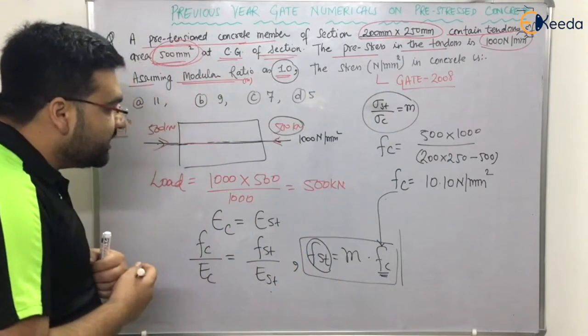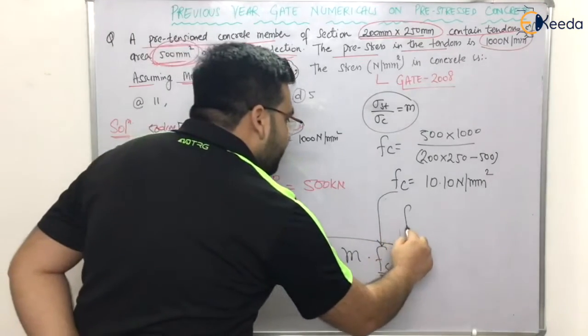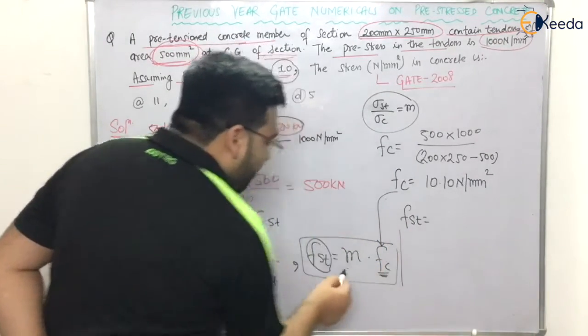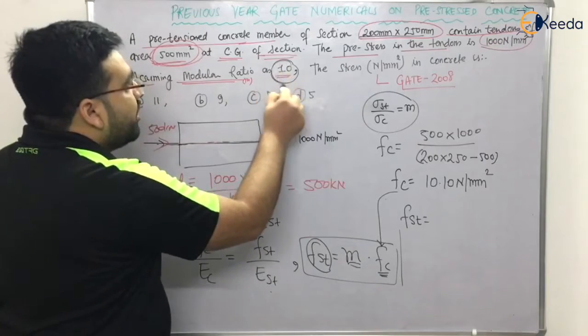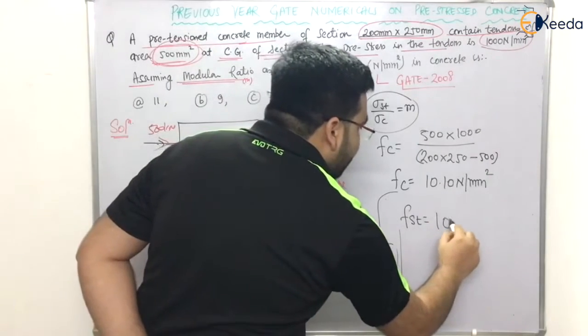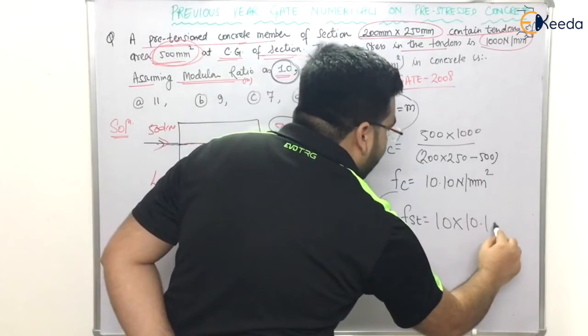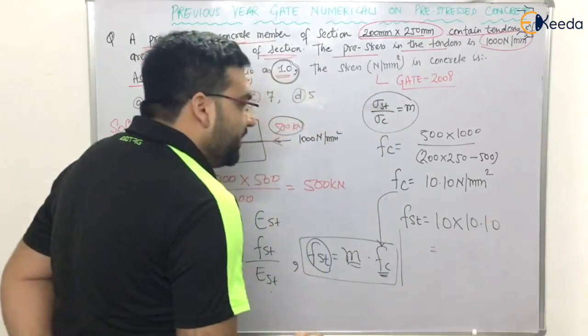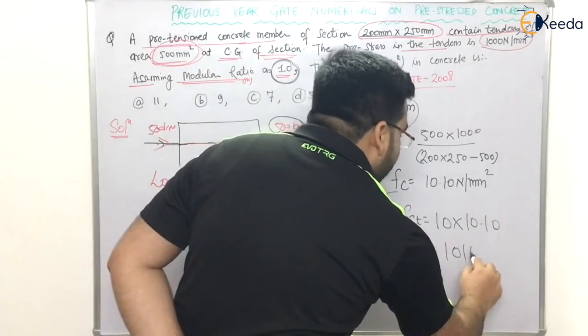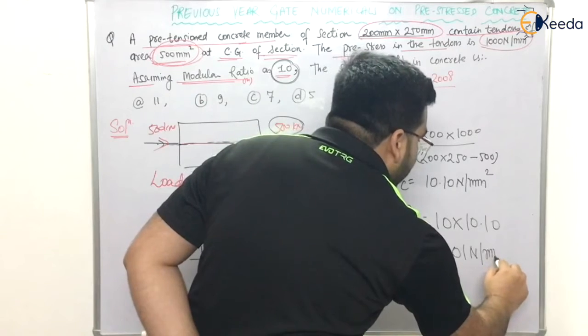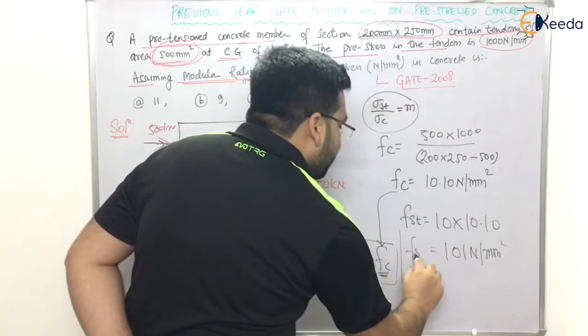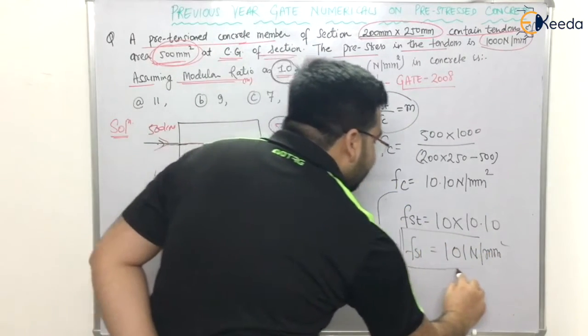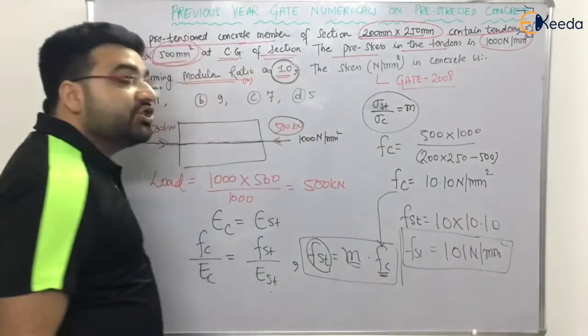So the stress in steel will be equal to the modular ratio. How much is the modular ratio? 10, right? So 10 into 10.10 comes out to be 101 Newton per mm square. So I have got the stress in steel.